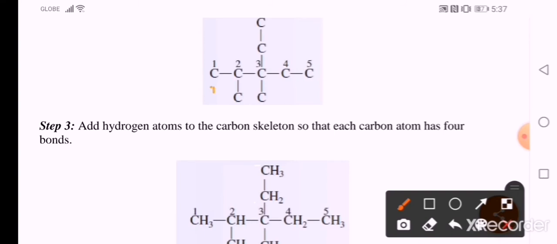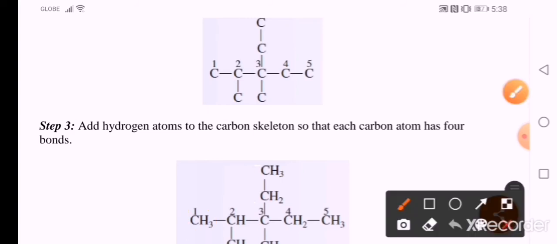Okay, so kailangan na lang niya ng 3 pang single bond. At anong ilalagay natin dyan sa 3 single bond na yan? Hydrogen. Okay, so maglalagay tayo ng hydrogen dyan. At kung makikita natin, carbon 1 will become CH3 because of the 3 hydrogen. So ito yon, CH3.